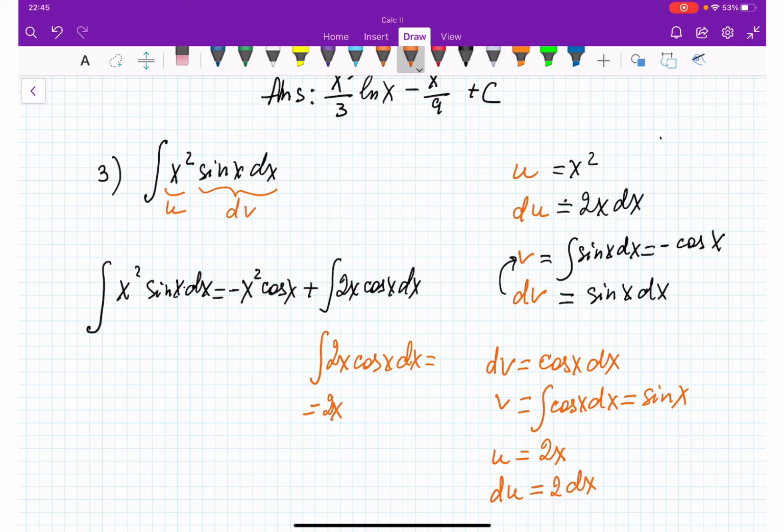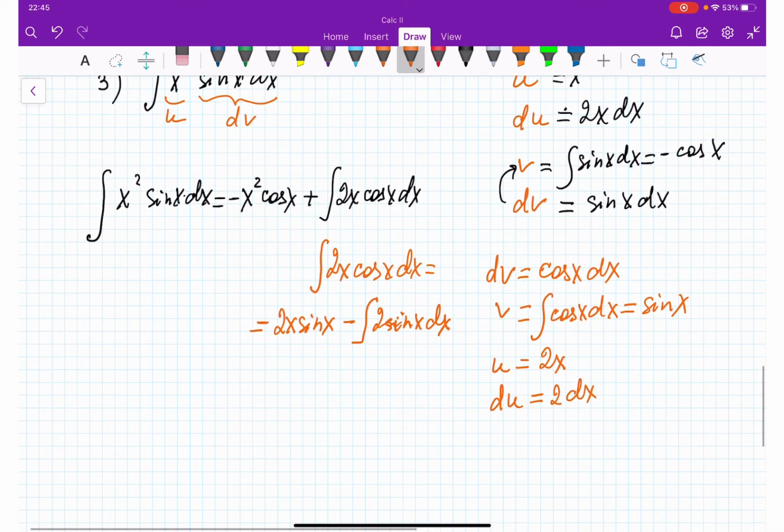All right, so 2x cosine x dx, it's equal 2x sine x, actually I can rewrite much better. 2x sine x minus integral 2 sine x dx.